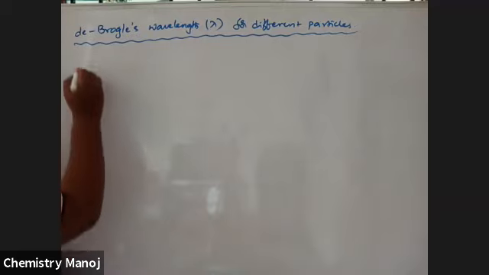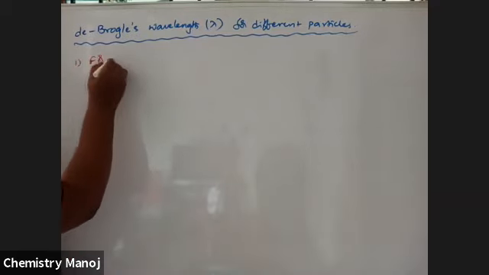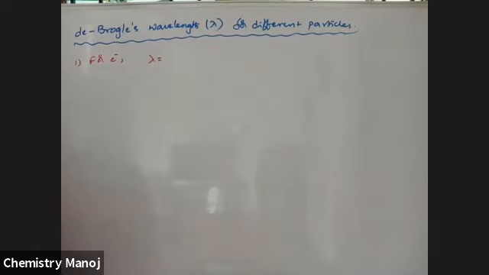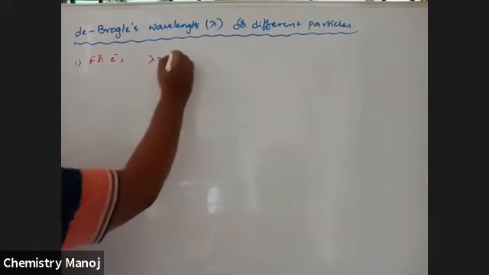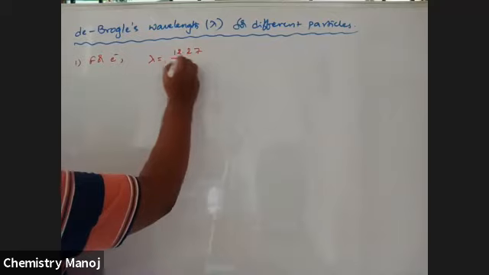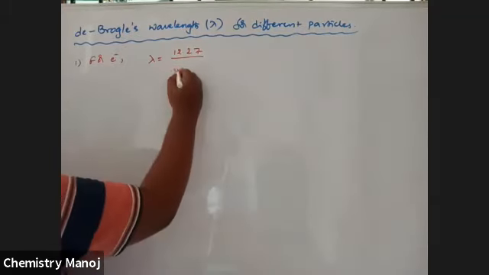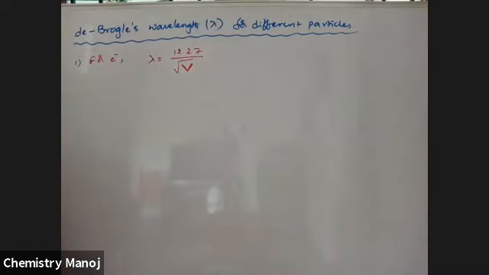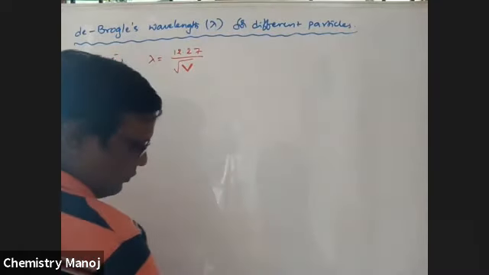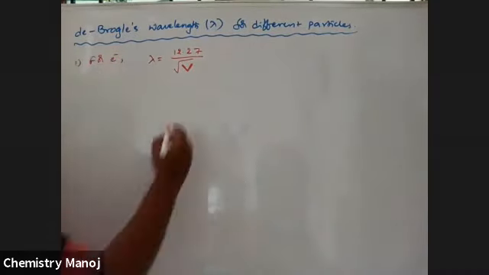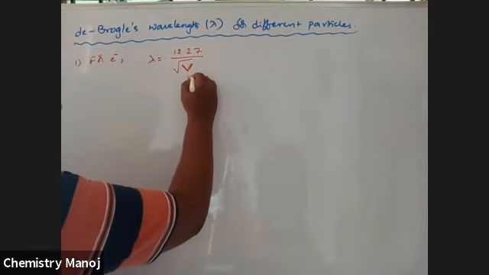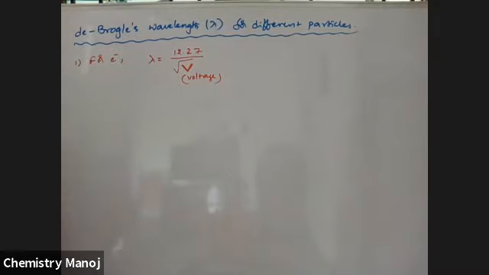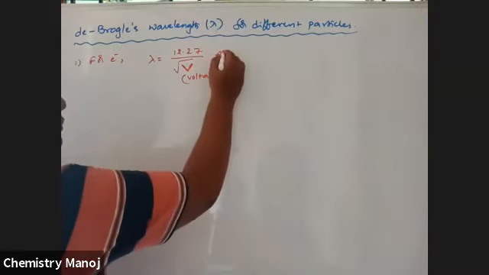So for electron, lambda is equal to, by substituting all those values, 12.27 by root V, and V means potential difference, that is, voltage, in angstroms.